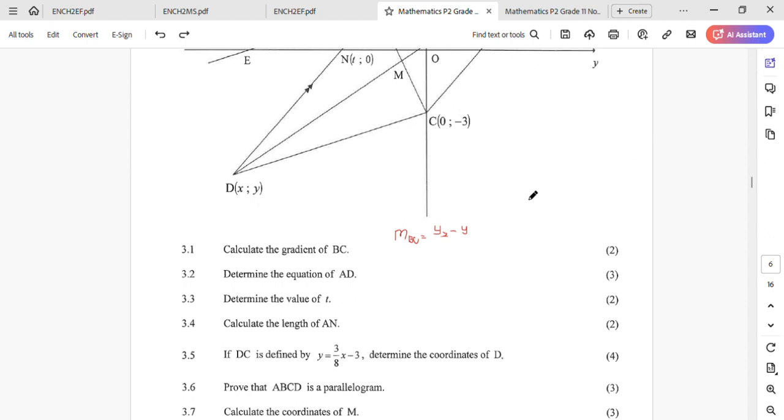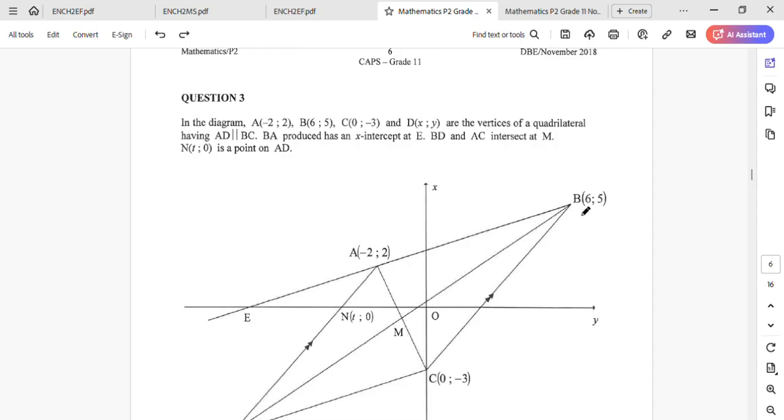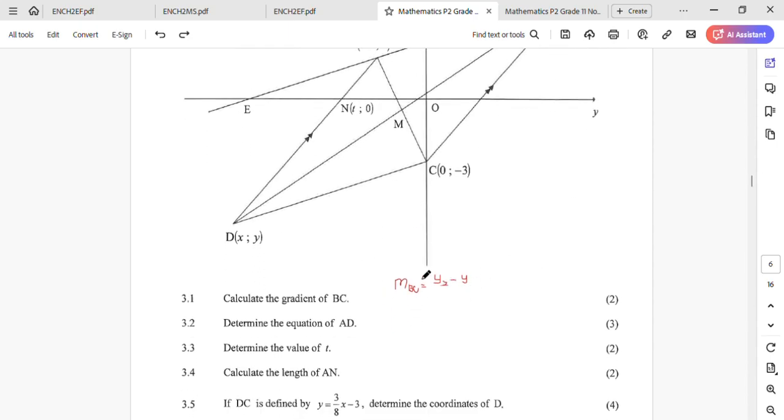That's the first question. It says calculate the gradient of BC, this line, given the coordinates. So it's going to be the change in y over the change in x distance.